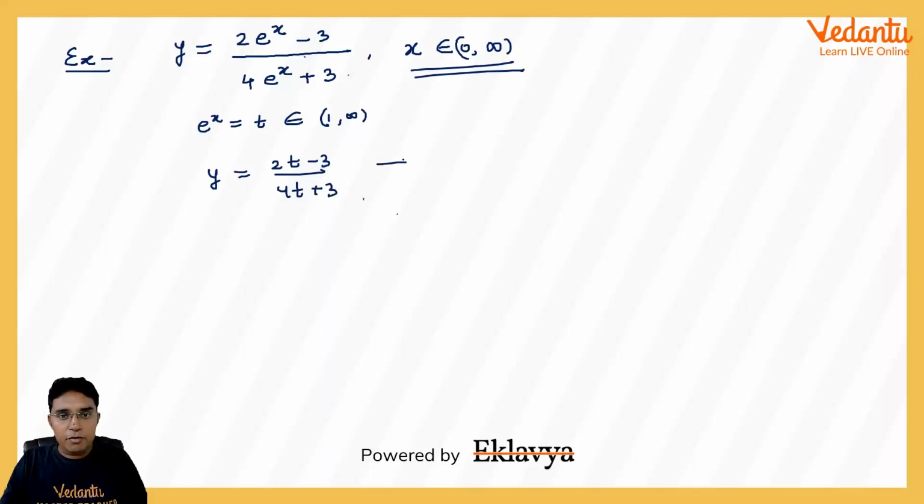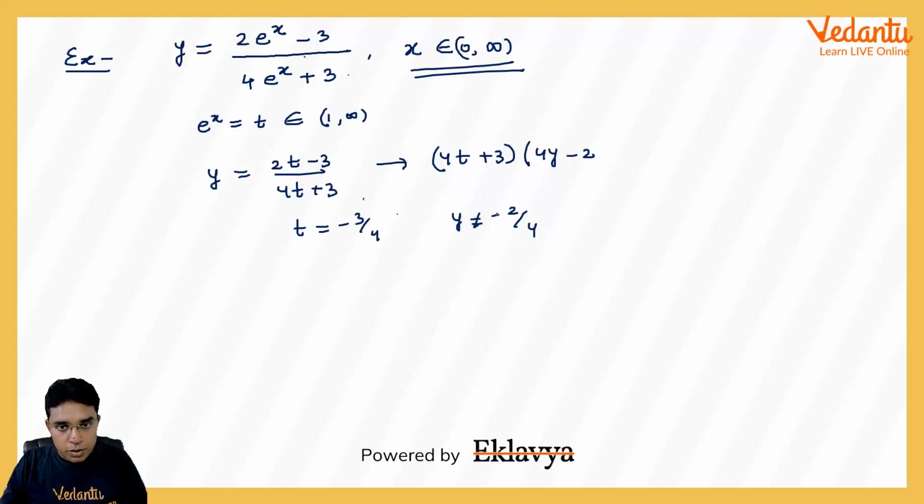Okay, and if we write the way I told you, 4t plus 3 for that domain part, because t cannot be equal to minus 3 by 4 and y cannot be equal to minus 2 by 4, or you can simplify that as 1 by 2 also, but let me write this way only. So 4y minus 2, 4y plus 2 actually, sorry, this is plus 2 by 4, so 4y minus 2.